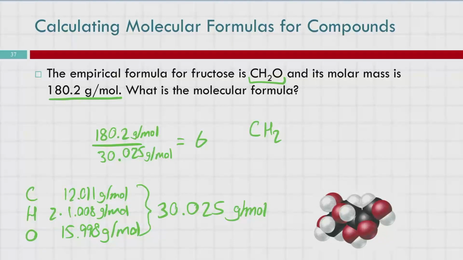So then we take our CH2O, we multiply, and we get C6H12O6.